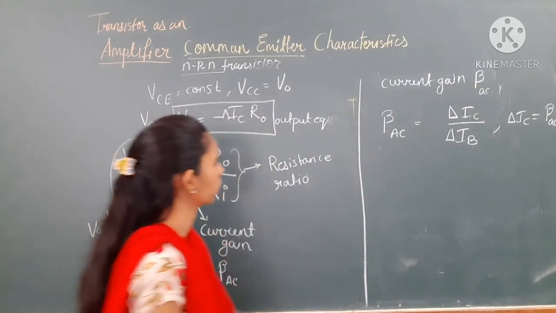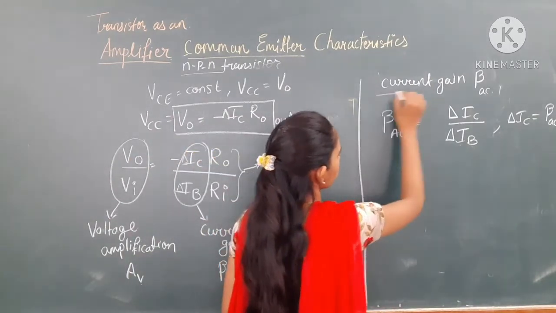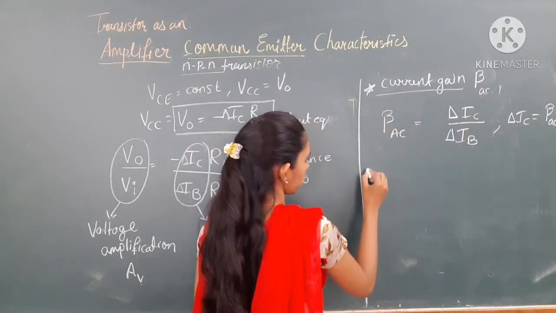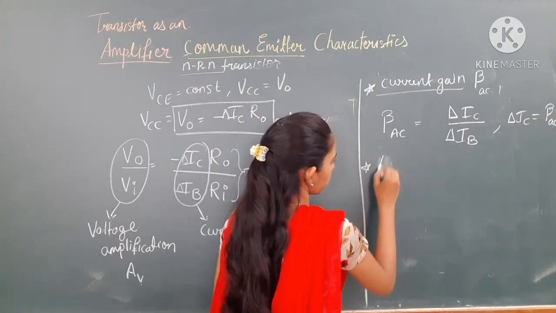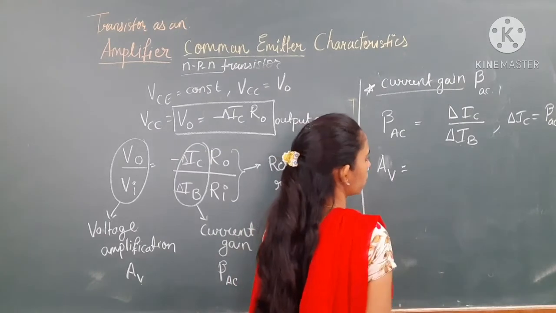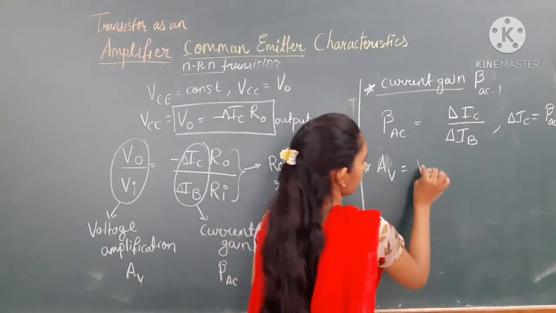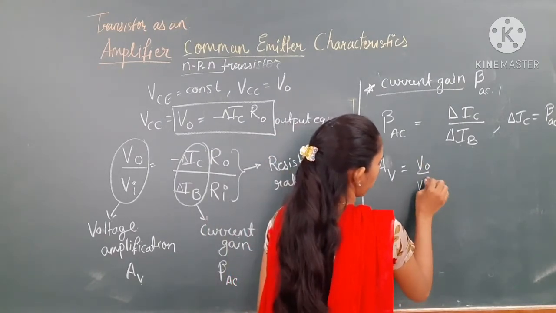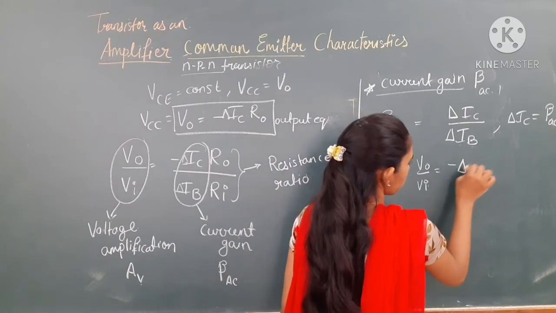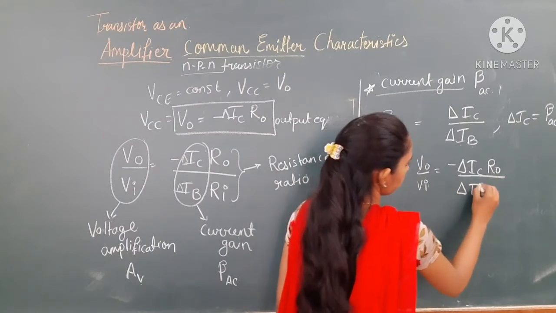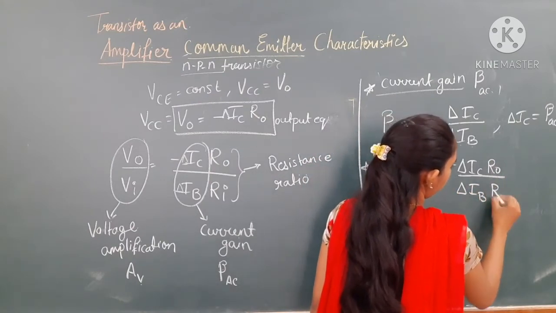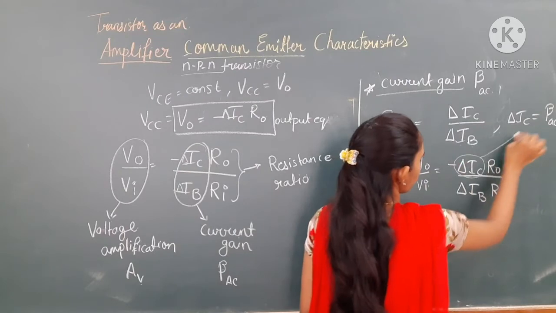Now let us see again. We have seen the current gain. Now we are going to see the voltage amplification, that is AV. What is the voltage amplification? It is VO upon VI, which is equal to minus delta IC RO divided by delta IB RI. Now here we have to put this value.